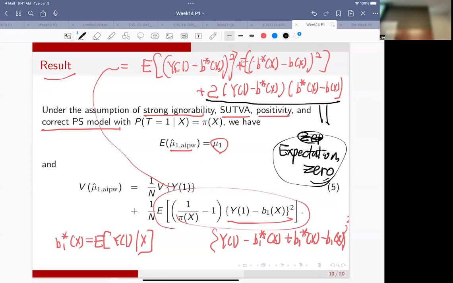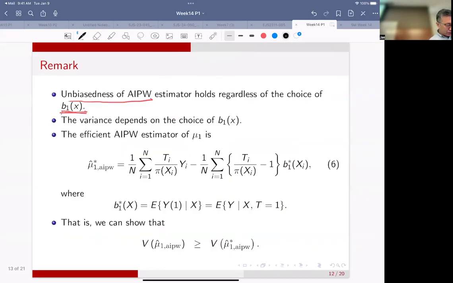And that is true because, conditionally, if you take the conditional expectation of y1 given x, it is equal to this b star. So that is equal to zero. So the cross product being zero is equivalent to the inner product being zero, so that you have a Pythagorean theorem result. That is what's going on here.